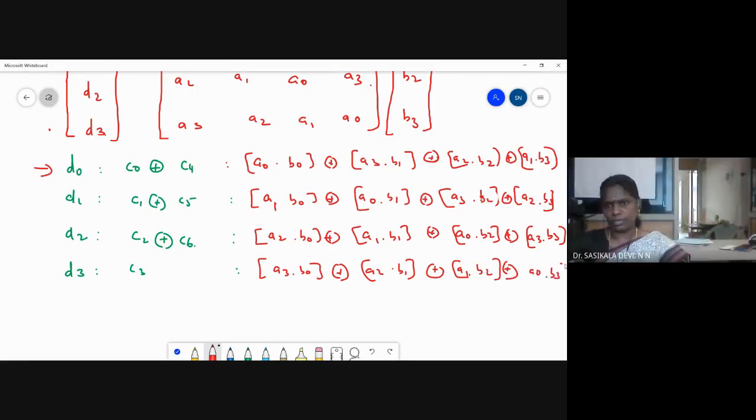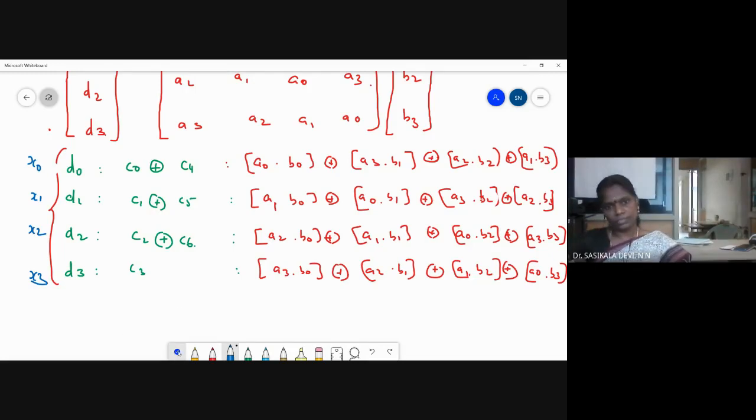Now, you have to derive this first. This is the coefficient of x power 0 term, x power 1 term, x power 2 term, and x power 3 term.